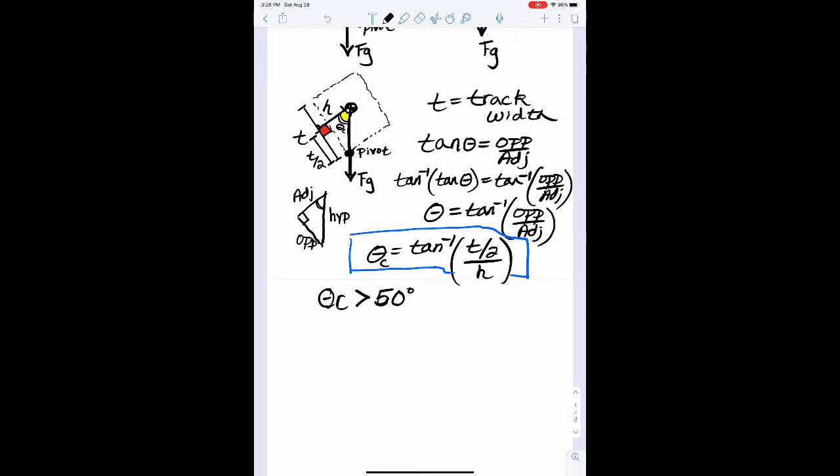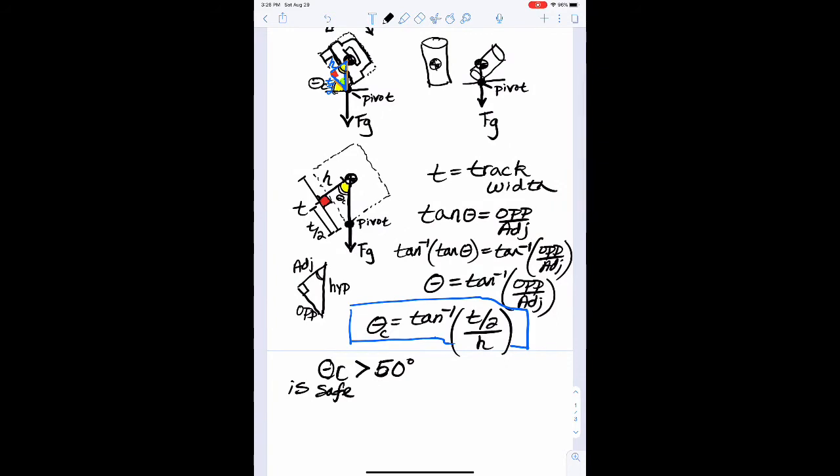Theta c is safe when it's greater than 50 degrees. So we're saying that if we see this picture of the car here, when theta c is greater than 50 degrees, the car is safe, right?